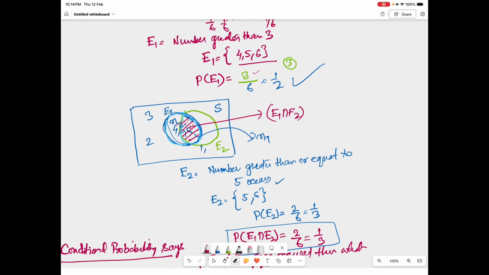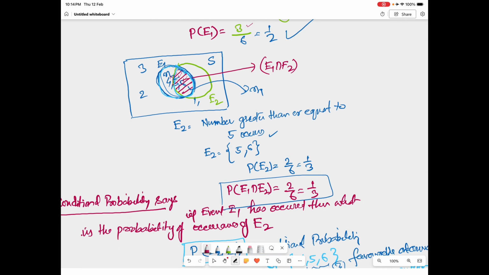So 5 and 6 will fall in the green circle. So you can see, if I define the intersection of E1 and E2, E1 intersection E2, there are two numbers, 5 and 6. So favorable outcomes will be 2 and total outcomes 6. So probability is 1 by 3.